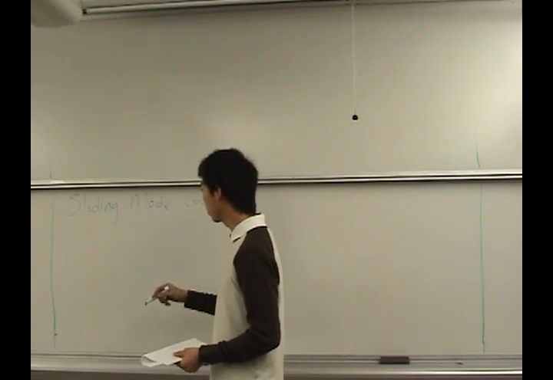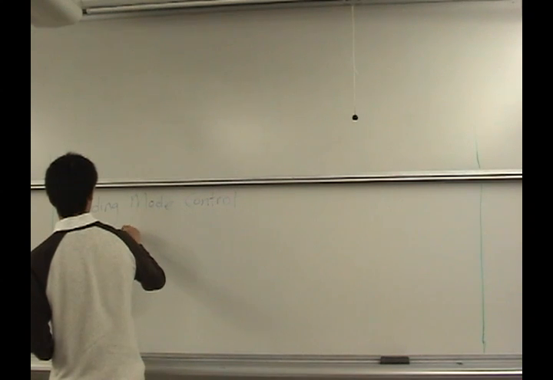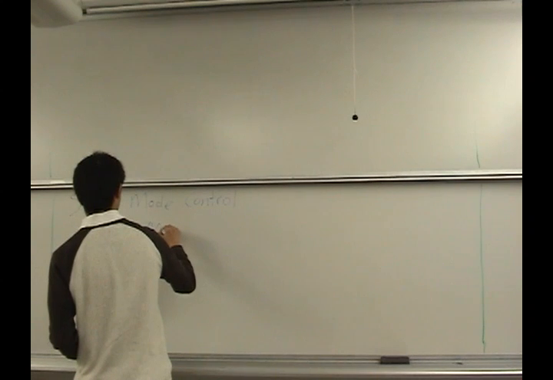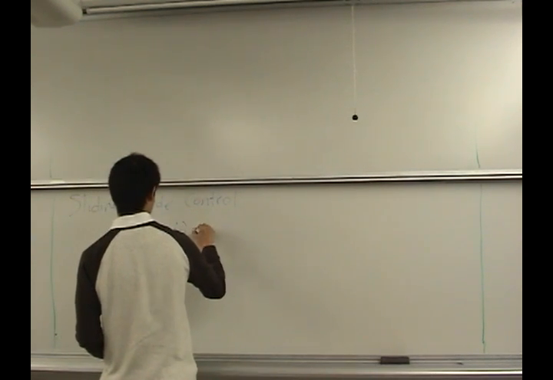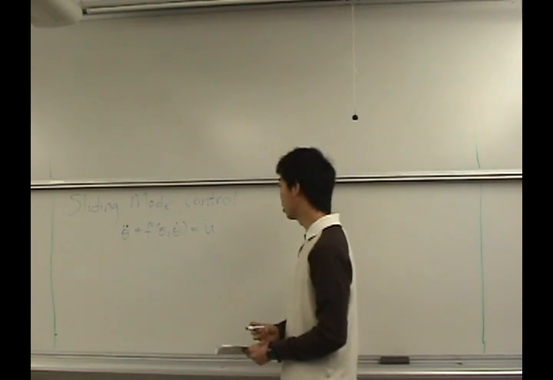So you're given some nonlinear system that may look like theta double dot plus f of theta. Right, so some general system like this.